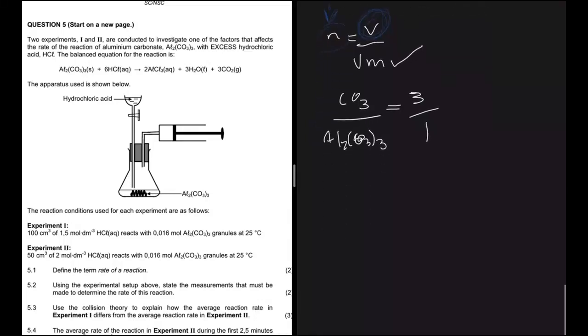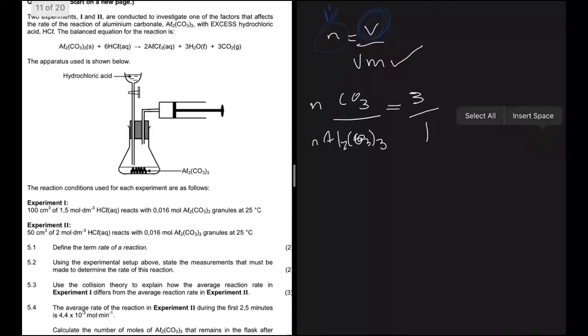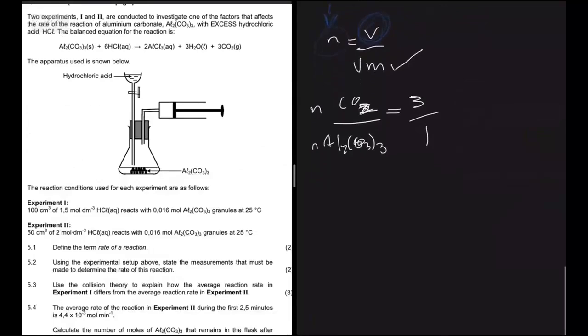So this is the number of moles, this is the number of moles. We can calculate the number of moles of CO2, not CO3, I'm sorry for that, by cross multiplying. So the number of moles of CO2 equals 3 multiplied by the number of moles of aluminum carbonate, right?